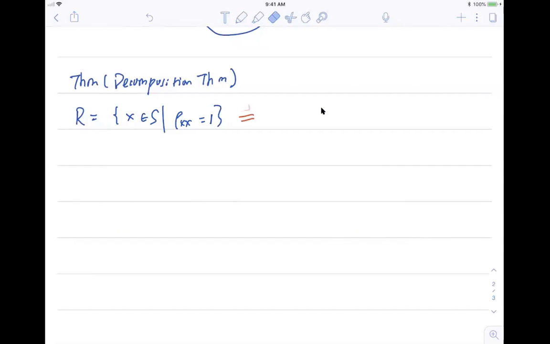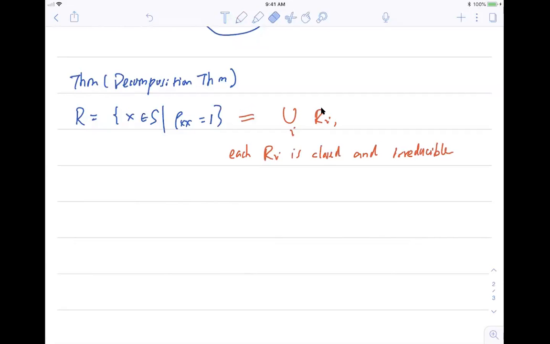Then we can decompose this set as the union of Ri, where each Ri is closed and irreducible.